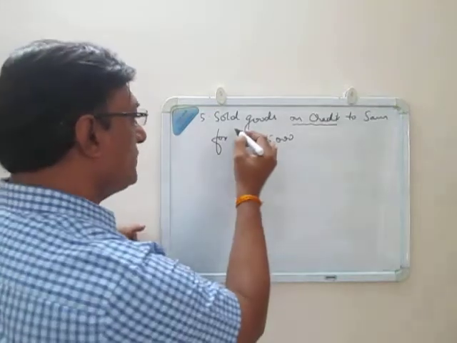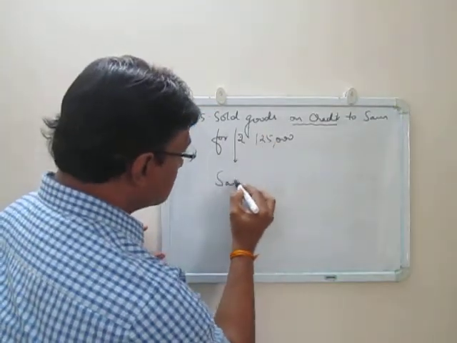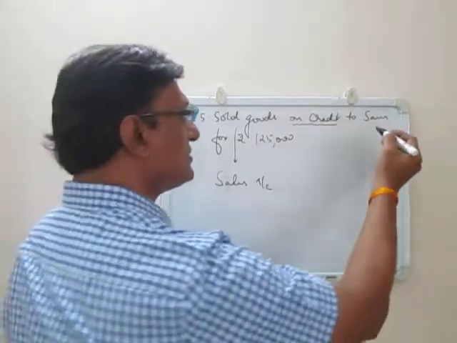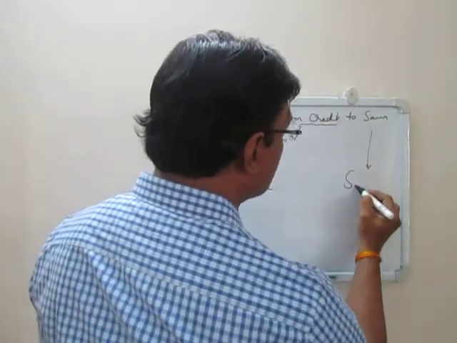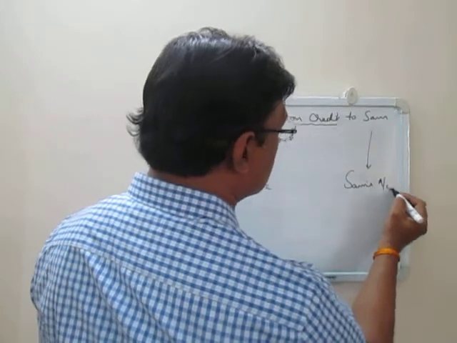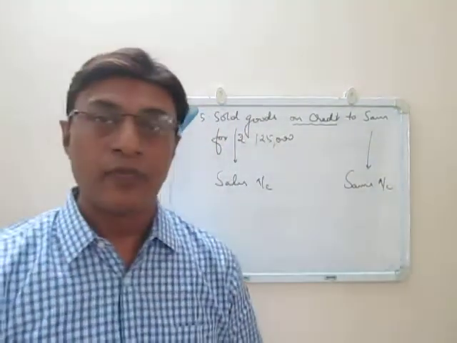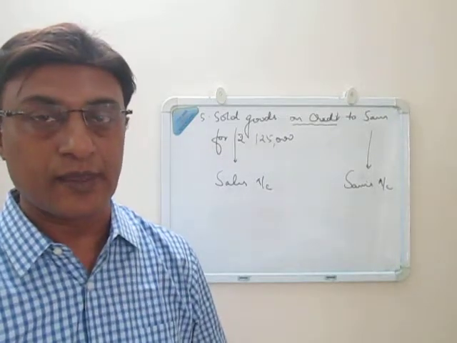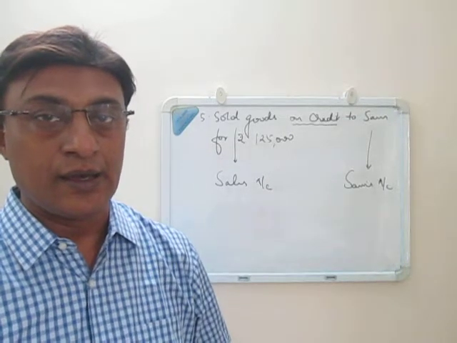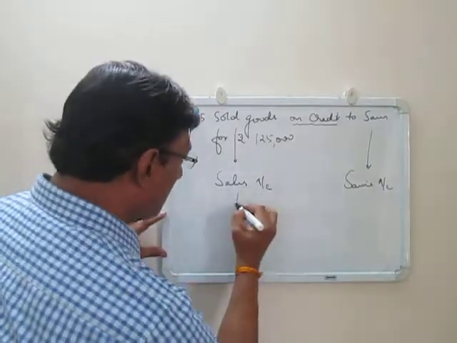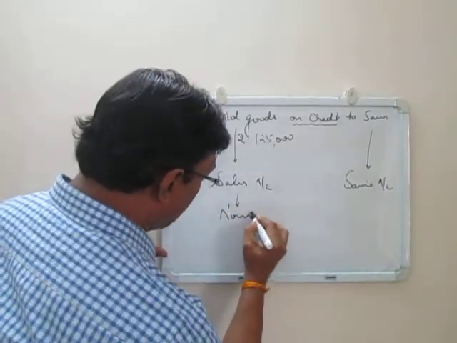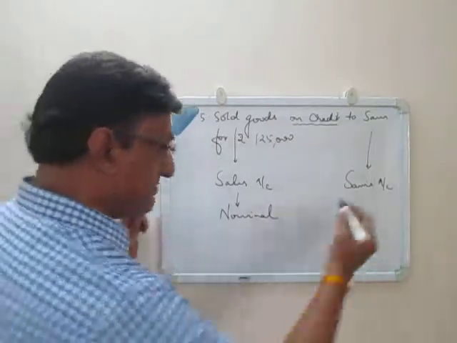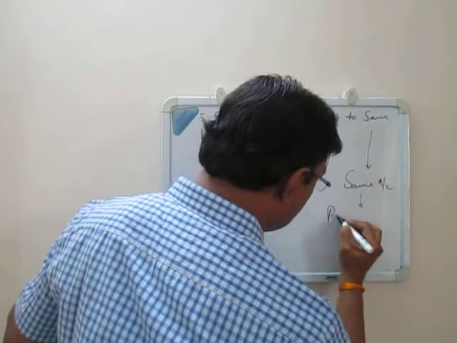Goods are sold, so there is a sales account. It is on credit, so the other is a person, Sam's account. Sales account and Sam's account. The sales account being nominal, it represents an income or a revenue inflow. Sam's account is a personal account.